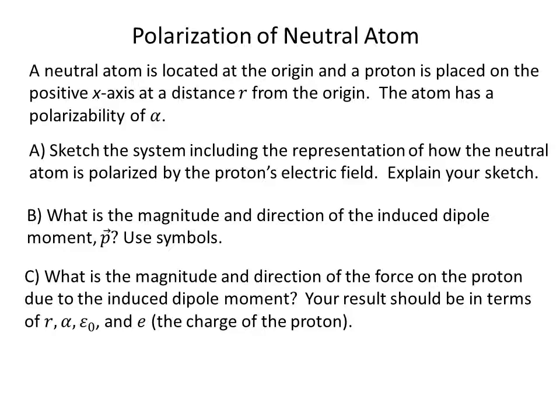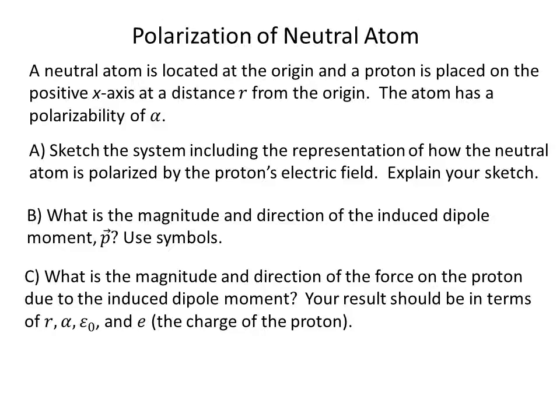Once you know the induced dipole moment, you can then use that induced dipole moment from B to calculate the electric field at the location of the proton. In this case, we're on the axis of the dipole moment, so the electric field is 2 times the dipole moment divided by the distance to the proton, which is r, or in this case divided by r cubed.